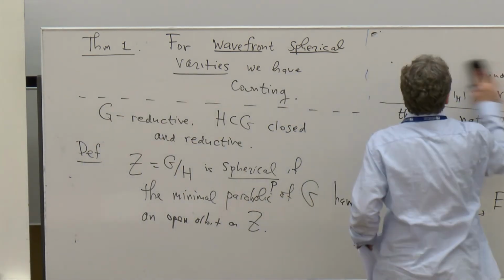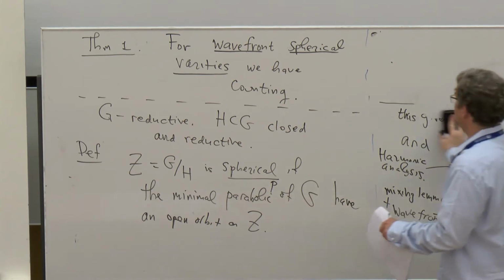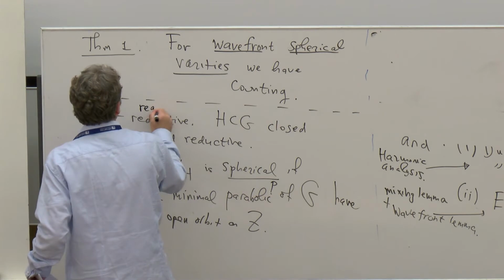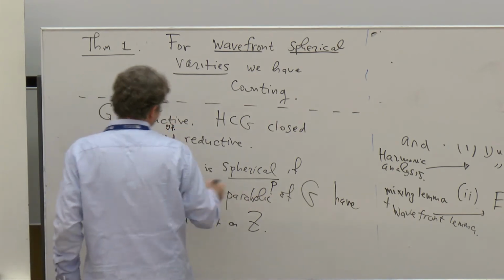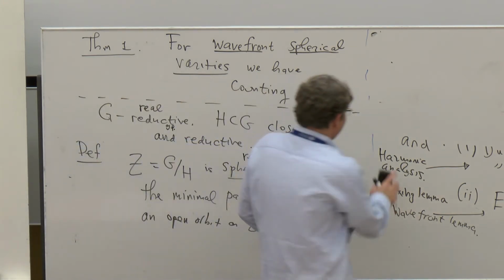Are these rational groups, real groups? Real reductive groups. That was a gamma, so it's called a real space. Okay.